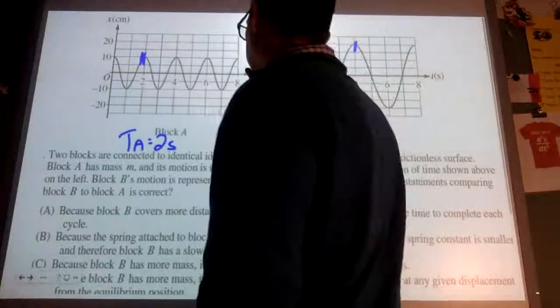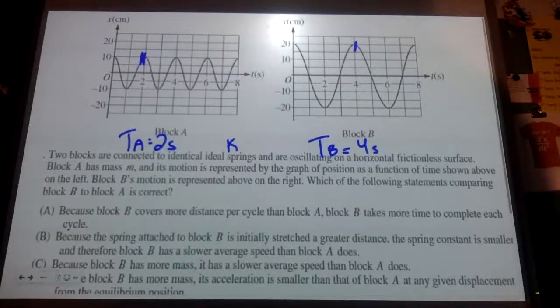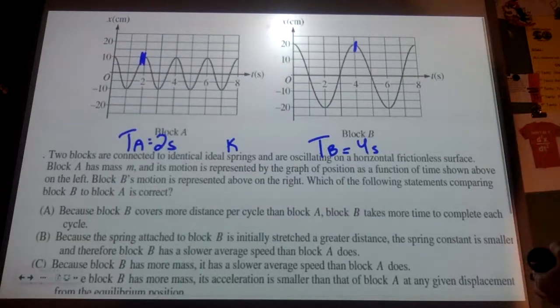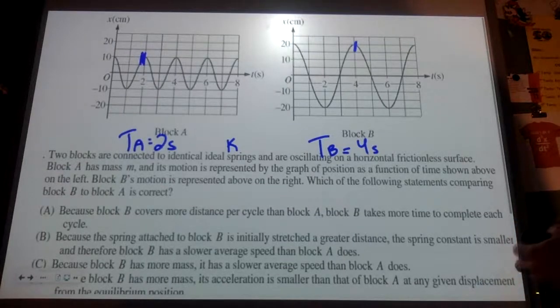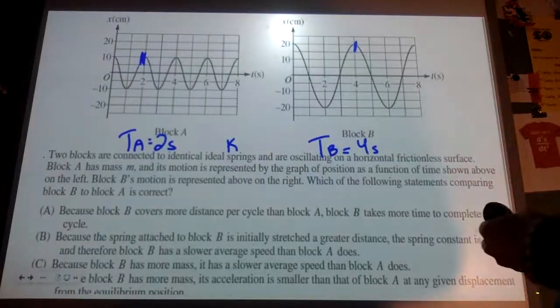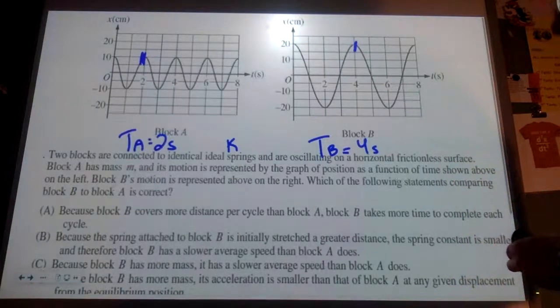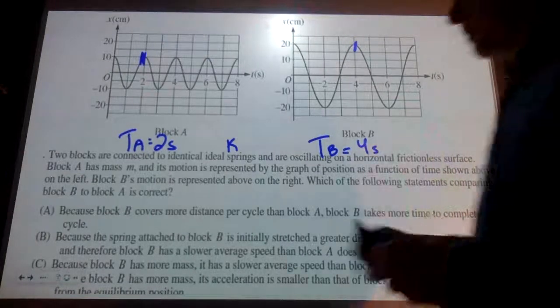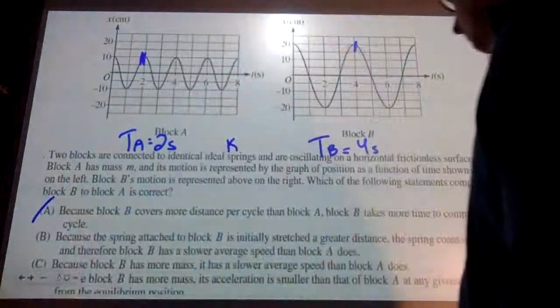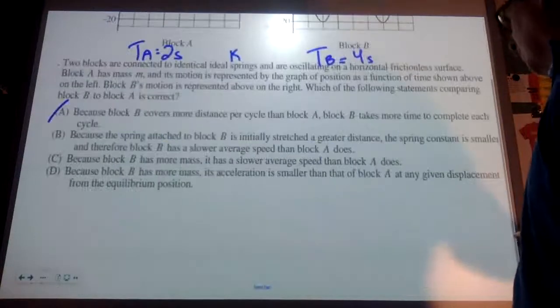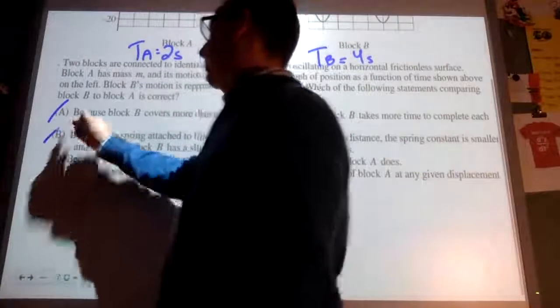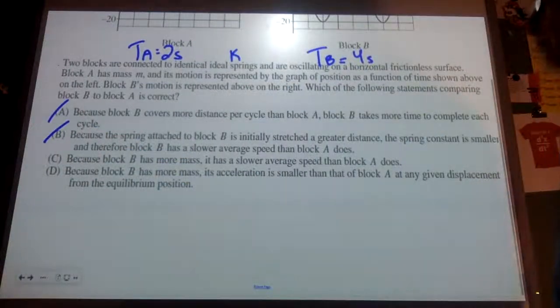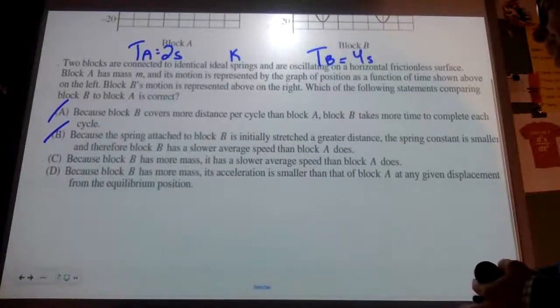Okay, so if they're identical ideal springs, K is the same. It is not the spring constant, which would be determined by what makes equilibrium.